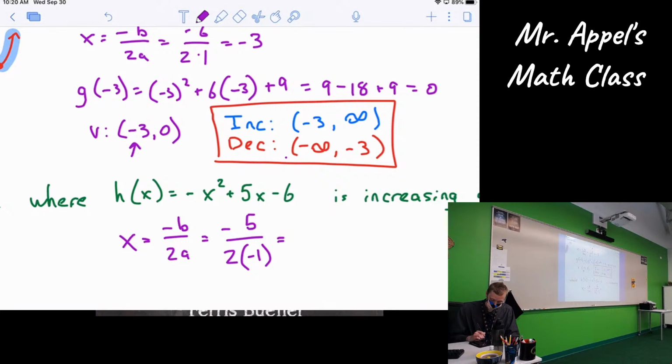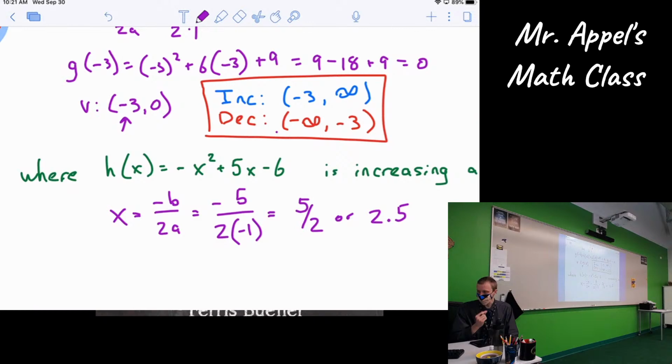Negative 5 divided by negative 2 is positive 5/2, or 2.5. Your vertex should be at positive 2.5, which means your cutoff between increasing and decreasing should be positive 2.5. So good job, Manuel G. The rest of you missed that sign.